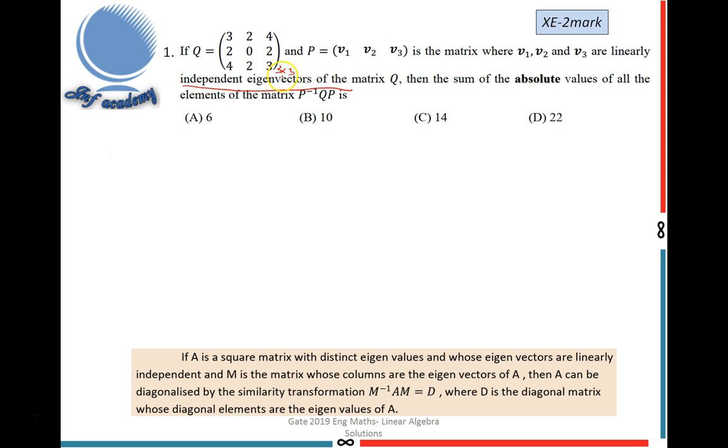So Q can be diagonalized by the similarity transformation P inverse QP equal to D.